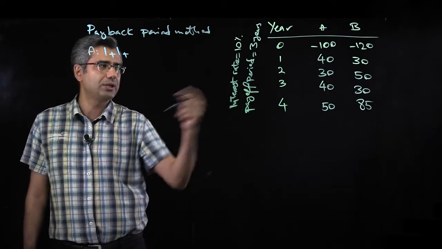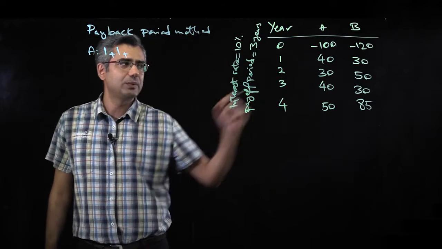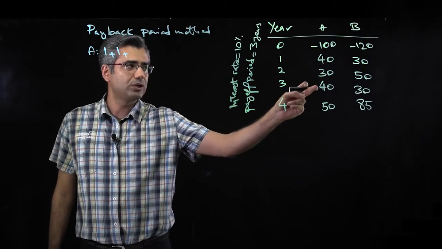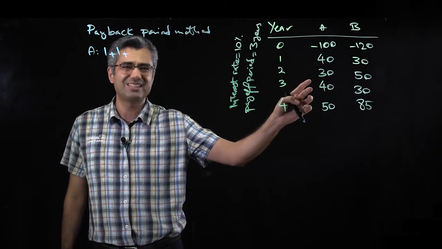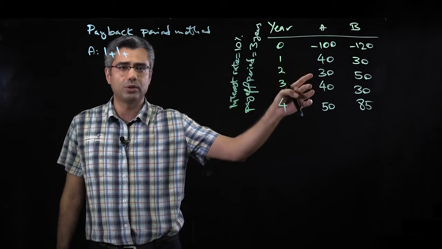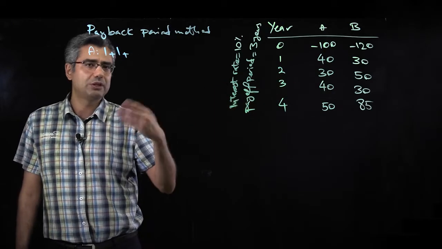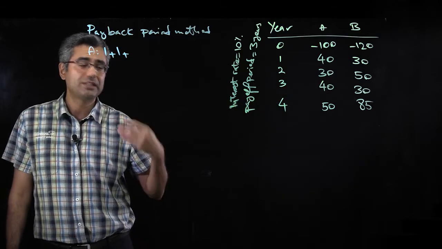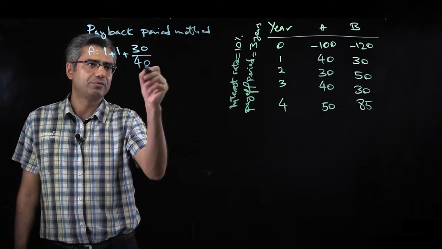Then in year 3, how much do we need to make? We already have $70 and we need just $30 more from year 3 to reach $100. So in year 3, we don't need the whole 40. We don't need to work for the whole year to reach the break-even point. We just need to make $30 out of the 40.